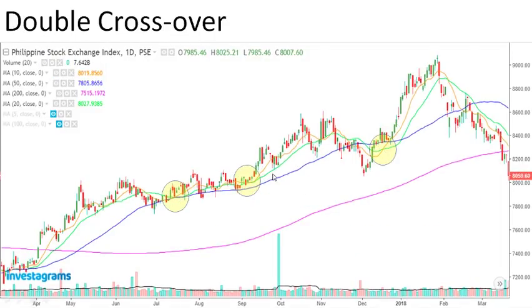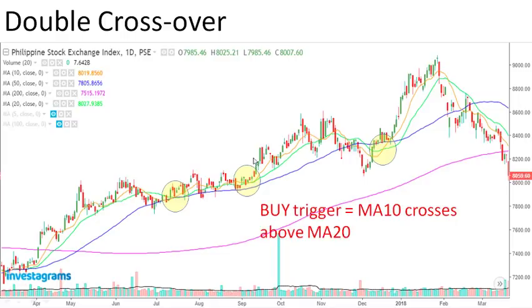So, ang double crossover, hindi mo natitignan masyado yung price na nagko-cross sa MA. Tinitignan mo yung mga MA na nagko-cross sa sarili nila. Dito ang example niyan, MA10 crosses above MA20.